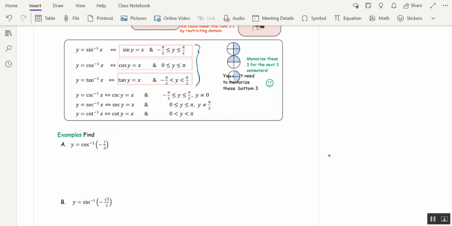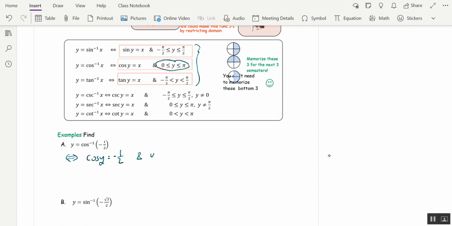So on this first one, we want cosine inverse of -1/2. Well, y is cosine inverse of -1/2 if and only if, taking cosine of both sides, cosine of y is -1/2, and the important part is that y has to be an angle between 0 and pi.